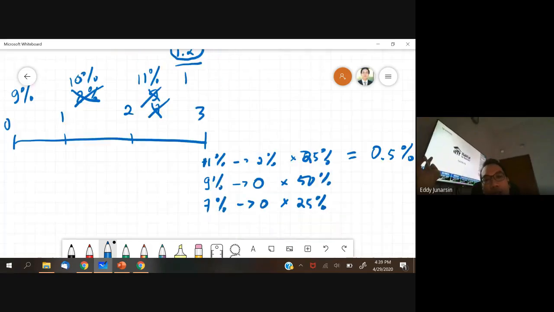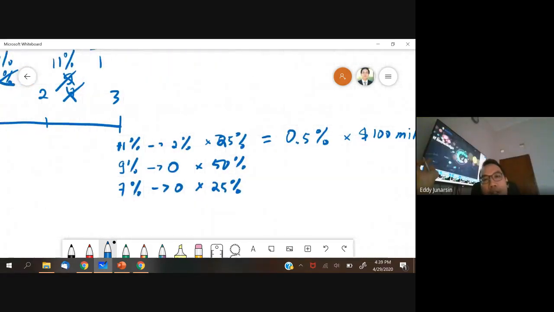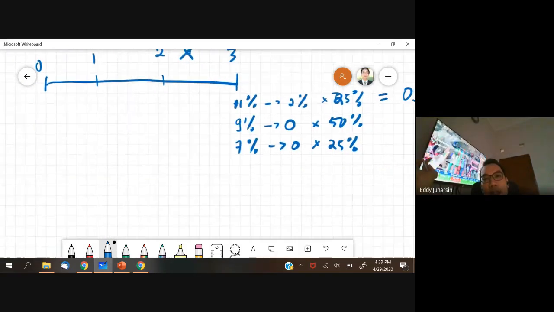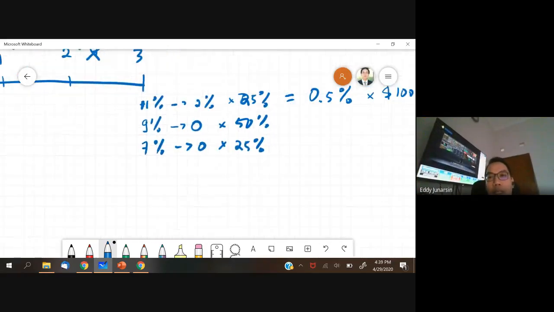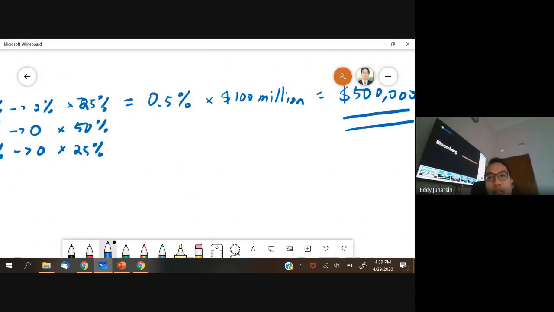So what is the expected value of the option in year 3, right? To wait until year 3, that would be this much, right? The value of 500,000 is in year 3.